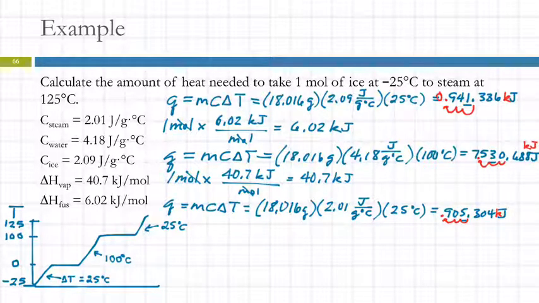So 0.941336 plus 6.02 plus 7.530688 plus 40.7 plus 0.905304 equals. So I add those all together and I get 56.097328 kilojoules.